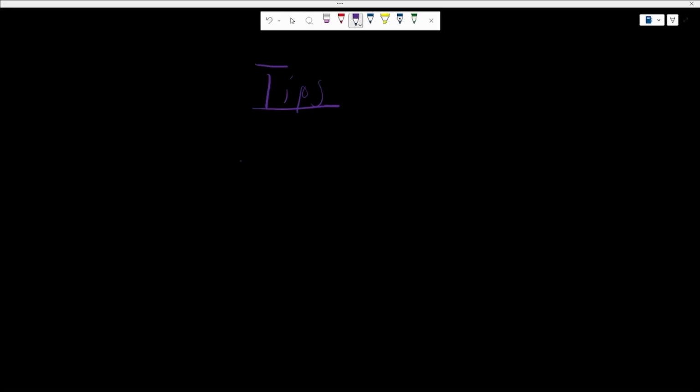So for some tips for the dot product, I would recommend, first off, to always write it out. Until you familiarize yourself that the dot product is a vector operation instead of multiplication, you should always write it out.